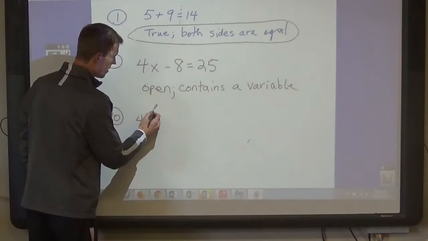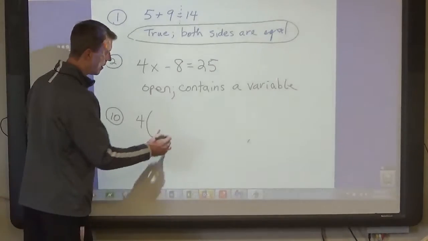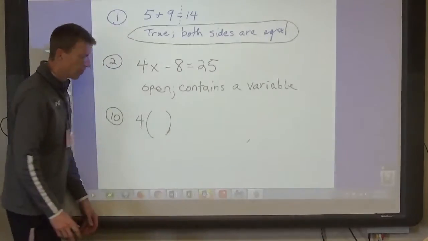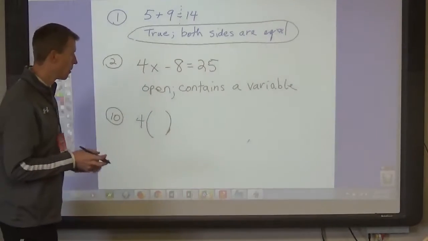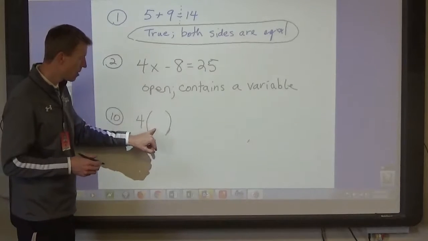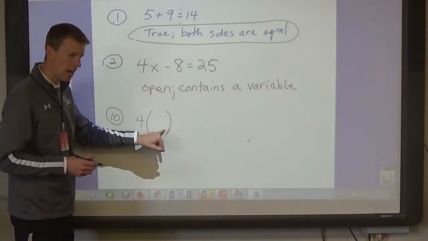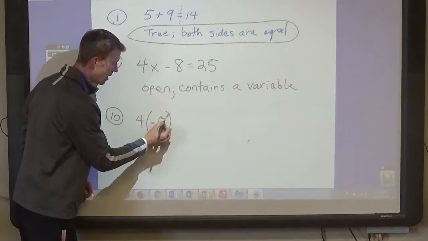You should probably put parentheses for times when you're writing this, because it's a really good way to show multiplication. 4 times the opposite of 5. Opposite of 5 is negative 5.